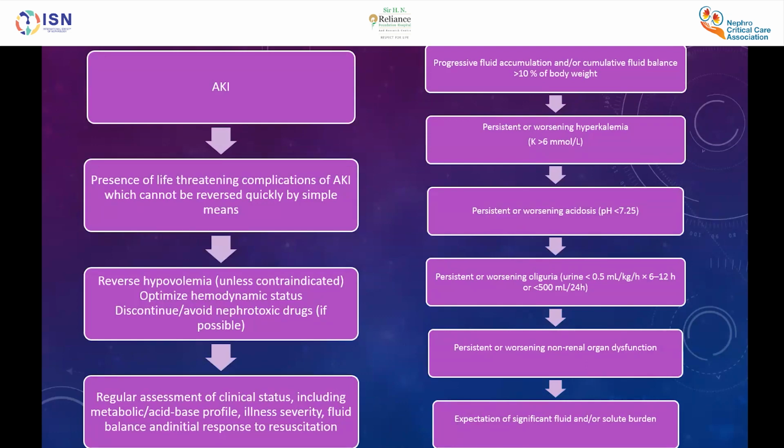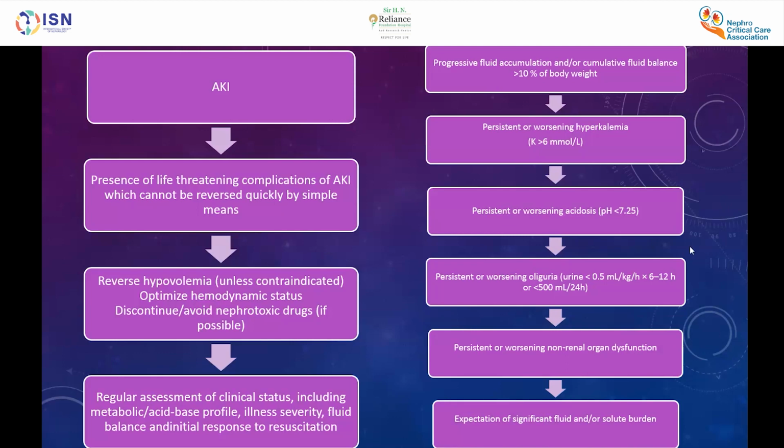In the meanwhile, reverse hypovolemia, optimize hemodynamic status, discontinue or avoid nephrotoxic drugs if possible, and regularly assess the clinical status, which includes acidosis, fluid balance, severity of illness, and the initial response to resuscitation. Depending on that, we try to assess the need for RRT.